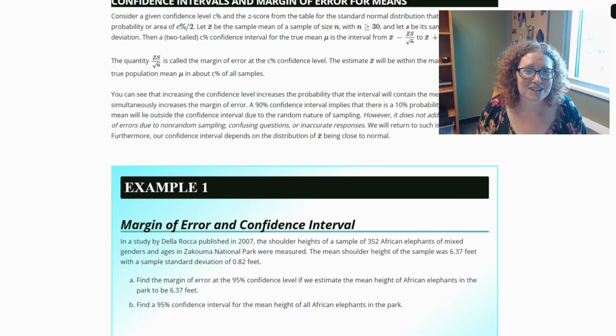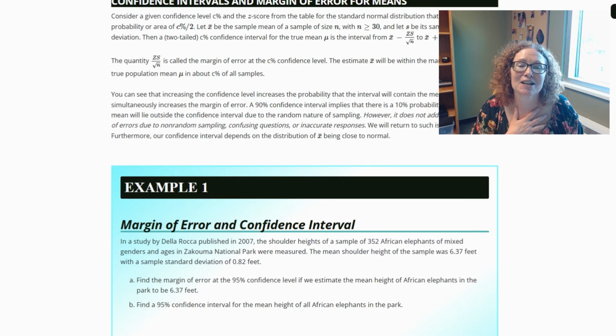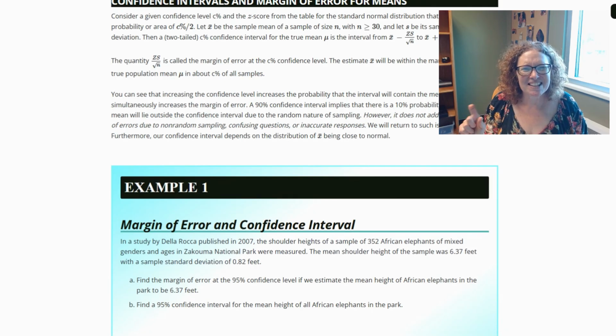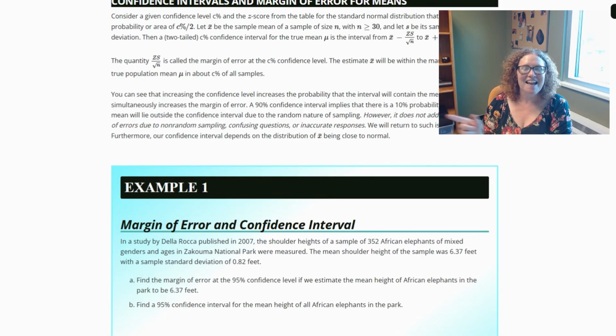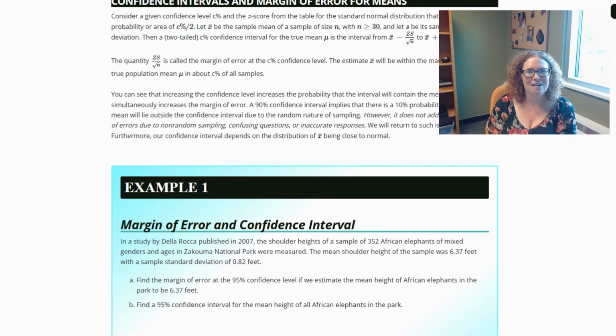I think probably in a lot of your misleading graphs, it'll have the confidence interval and the margin of error. That's to say they're off. Remember the thing, plus or minus 3%, plus or minus 5%, that kind of thing. That's where this comes from, and that's what we're figuring out.